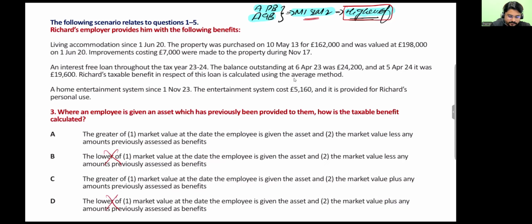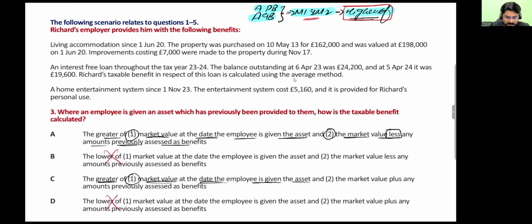Option 1 says that the greater of the market value at the date when the asset is given to employee, and number 2, the market value less amounts previously assessed as benefit. And option C says that the greater of the market value the date when the asset is given to employee.